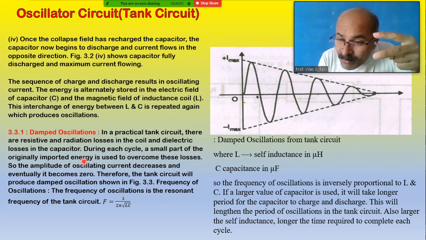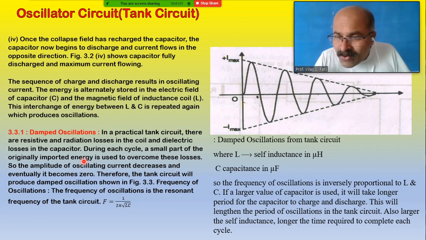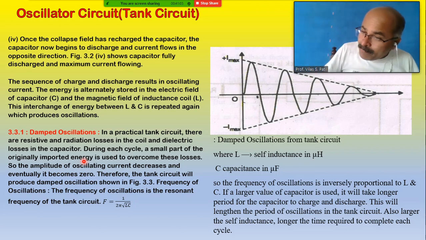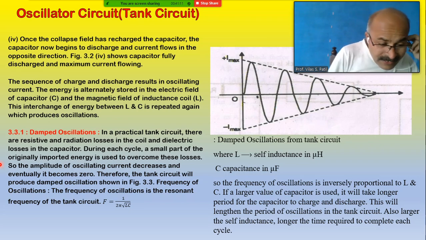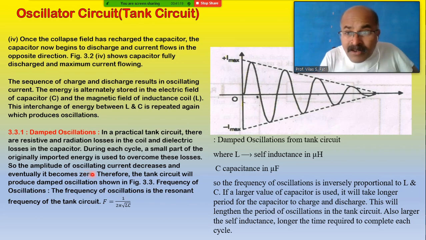There are two types of losses. One is the ohmic losses, made by the inductance, and one is the electrostatic losses or leakage, made by the capacitor. The originally imported energy is used to overcome these losses, and so the amplitude of the oscillating current decreases and eventually becomes zero.